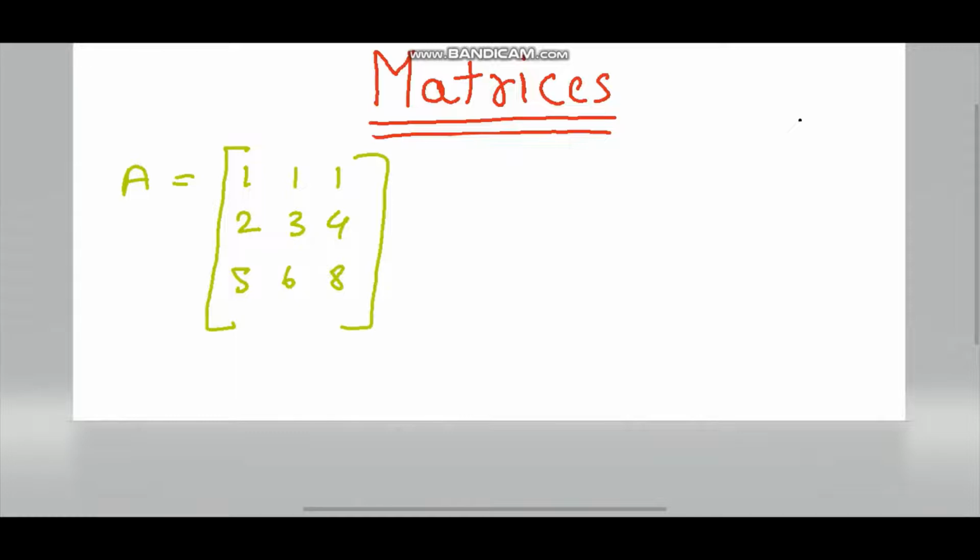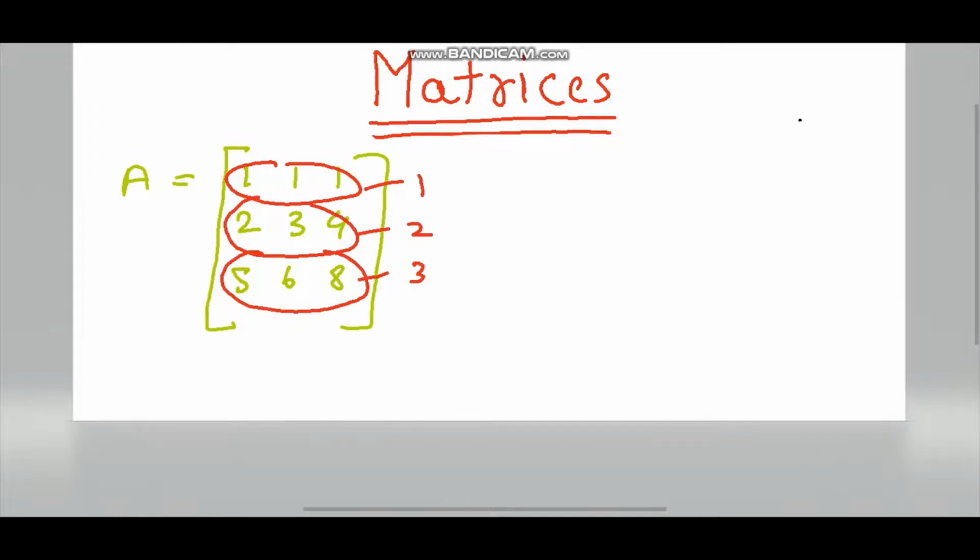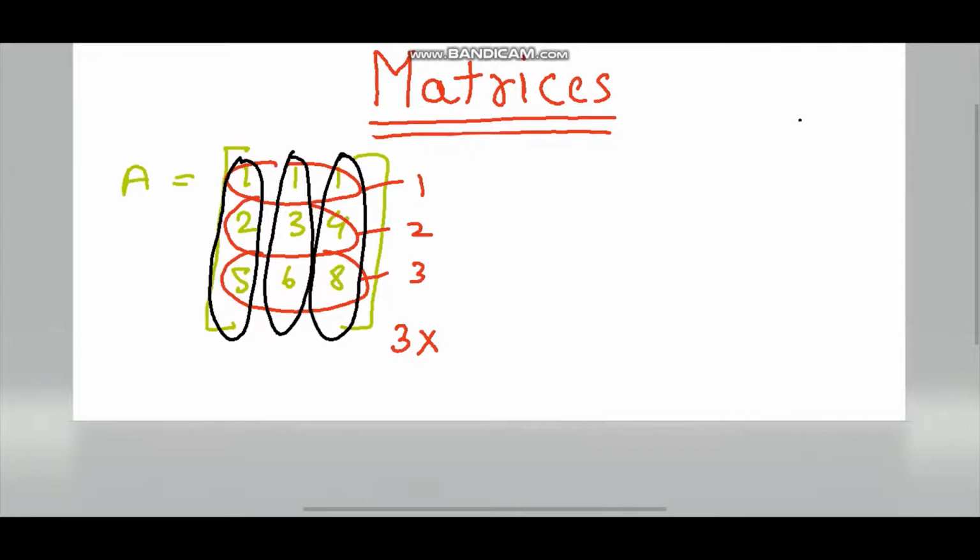What is the order of this matrix? We know m rows into n columns. How many rows do we have? 1, 2, and 3. So we have 3 rows. And how many columns do we have? 1, 2 and 3. So it is a 3 into 3 matrix.